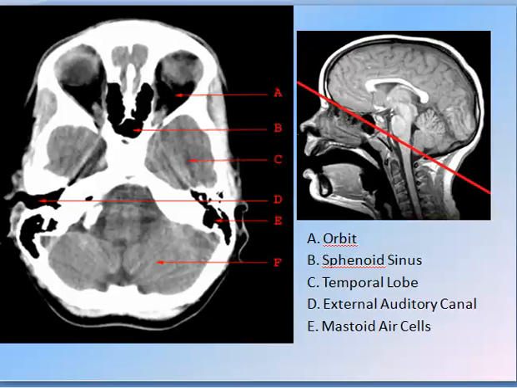At a higher level, we show the orbit, the optic canals with the optic nerves, the sphenoid sinus, temporal lobes, external auditory canal, and as we said, it is opposite the internal auditory canal here. And these are the mastoid air cells, and F stands for the cerebellar hemisphere.